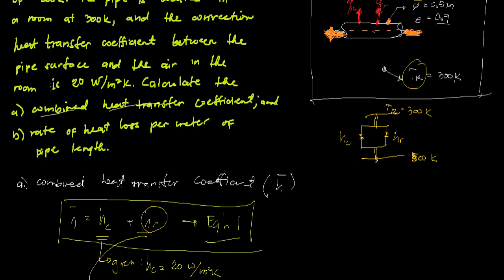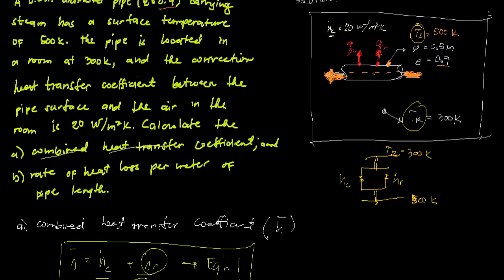Okay, so after getting the combined heat transfer coefficient, or H, we can now solve for the rate of heat loss per meter of pipe length. So we have here our pipe and we need to compute the heat loss, given by Q, per meter length of this pipe.